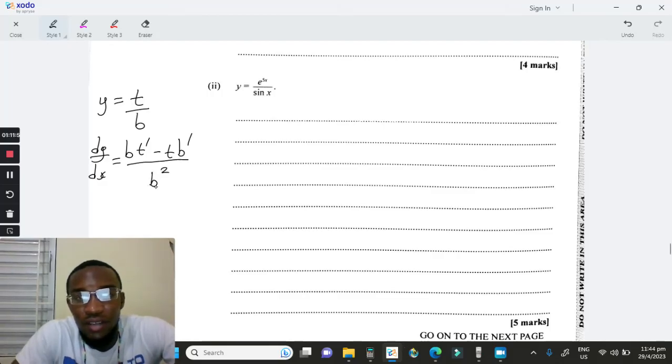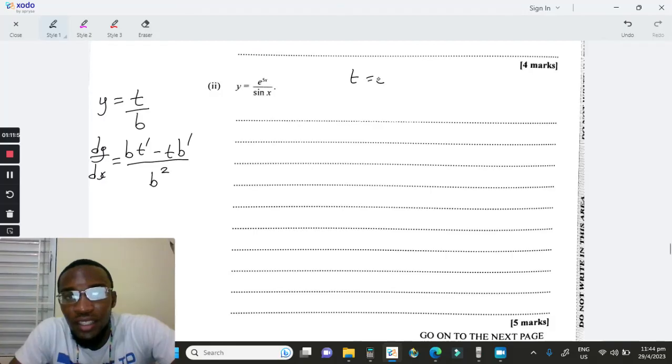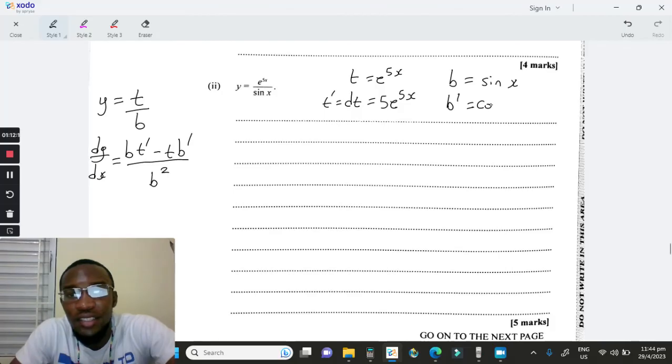That's the formula. So the top is e to the 5x. So the derivative of the top, or t prime, the derivative of the top is 5e to the 5x. Then we have our bottom. Bottom is sine x. When you differentiate sine, you get cos x. So now we can use the rule that says dy dx is equal to, you start with the bottom.